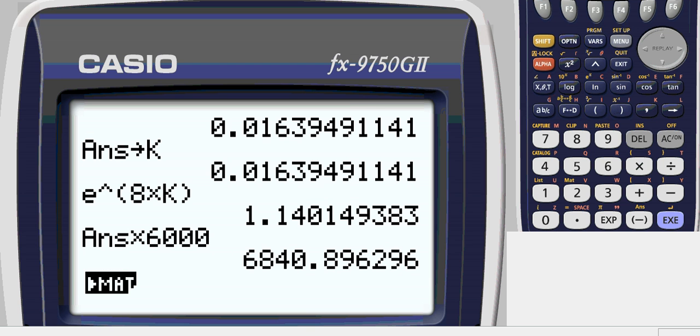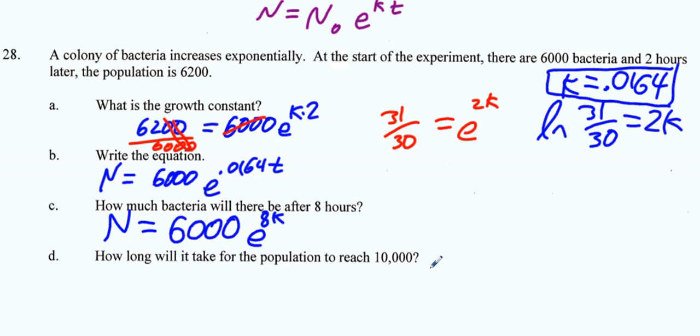And that's 6,840.9. So since it doesn't really make sense to say that we have 0.9 bacteria, let's go ahead and round that to 6,841.